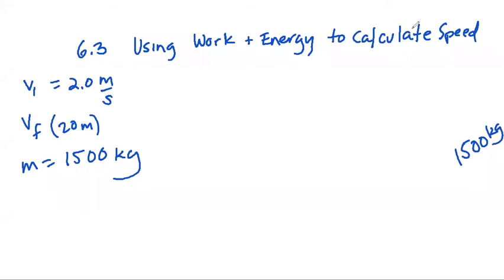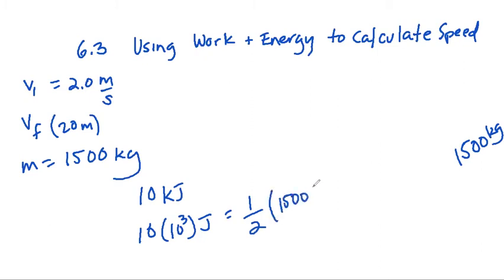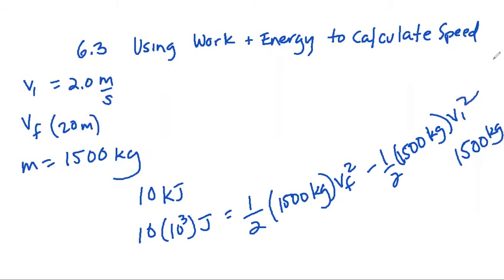All right, so we've got 10 kilojoules, or 10 times 10 to the third joules, equals 1/2 times 1,500 kilograms times v final squared minus 1/2 times 1,500 kilograms times v initial squared. Let me just get their values.